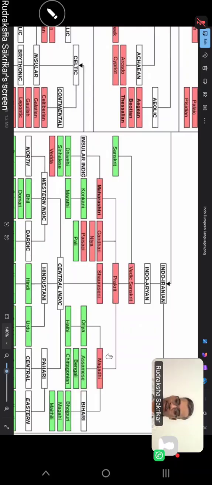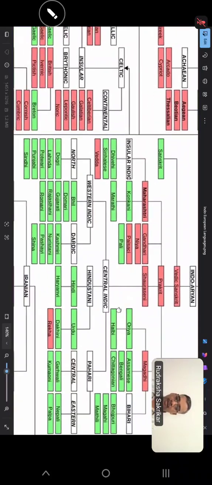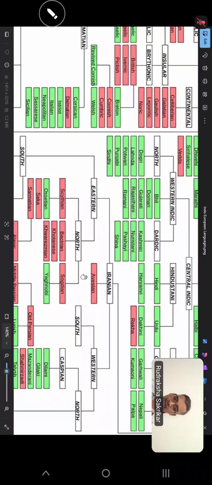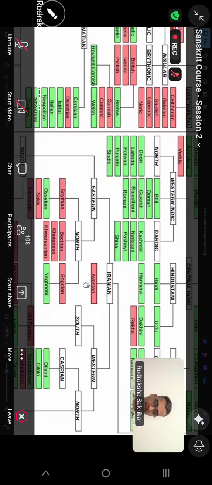Nowadays in Iran, Persian is spoken, which has a lot of influence of Arabic and is written right to left, so that is a different language now. But in ancient times, the old Persian language was called Avestan. See here, in the Iranian family, you can see the name of the Avestan language.